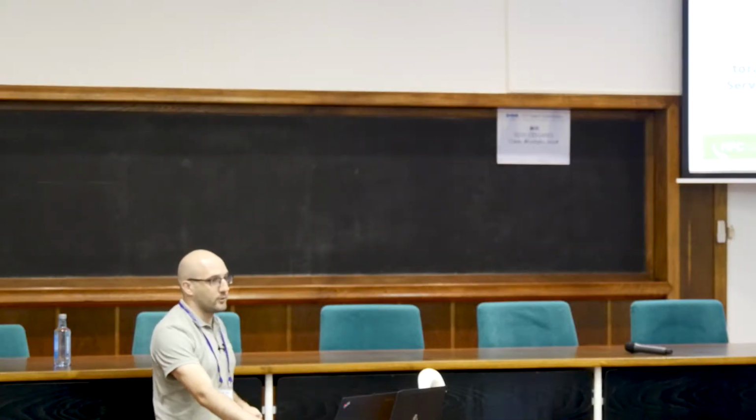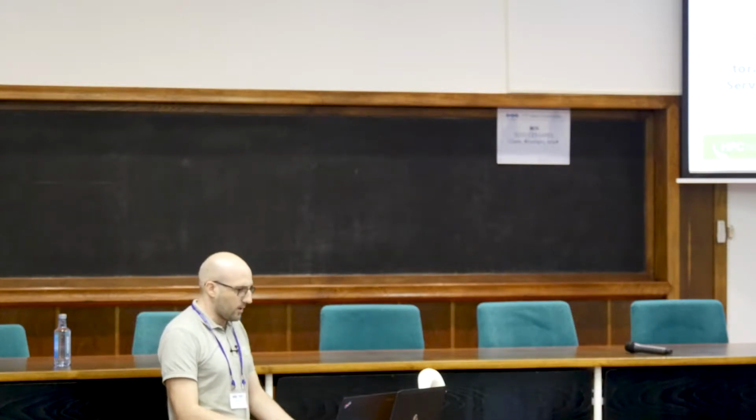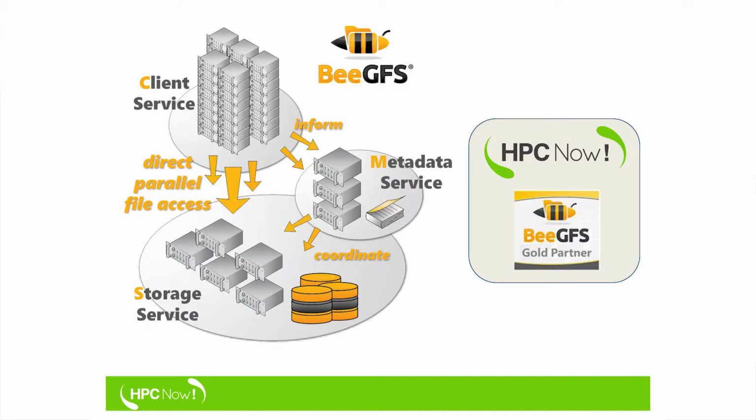So for those of you that don't know BeeGFS, BeeGFS is a parallel file system like GPFS and Lustre. So you have there the set of clients, and here we would have the metadata service.